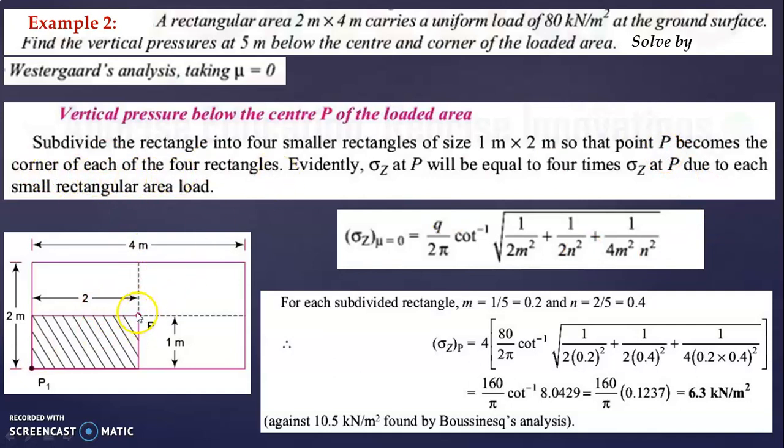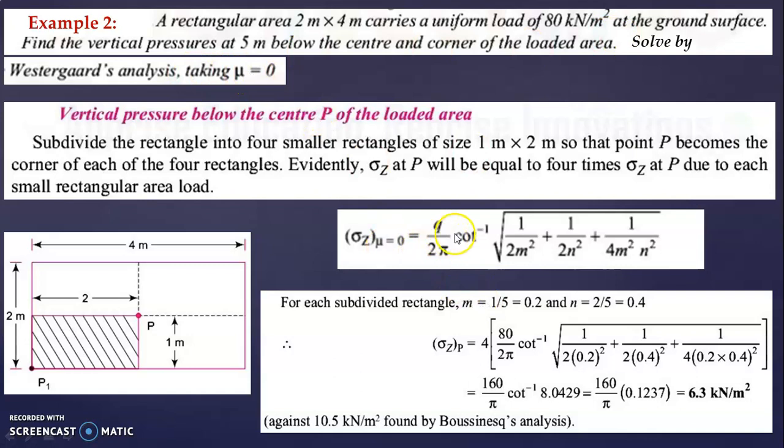Evidently, sigma z at P will be equal to 4 times sigma z at P due to each small rectangular area. Now, for the rectangular loaded area, what is the formula? Here it is given mu is equal to 0.